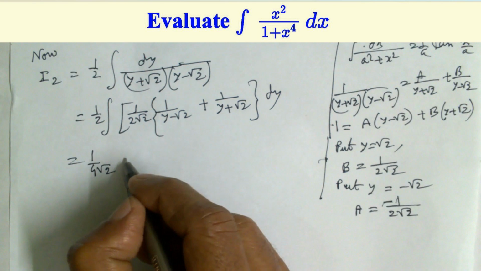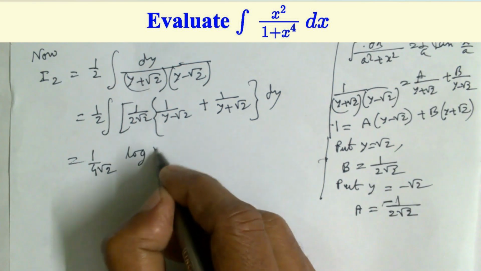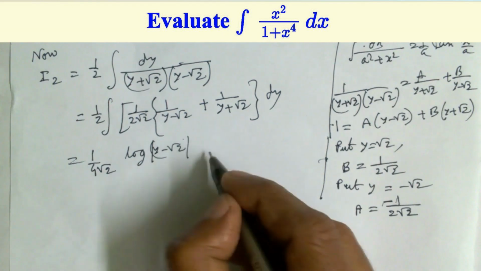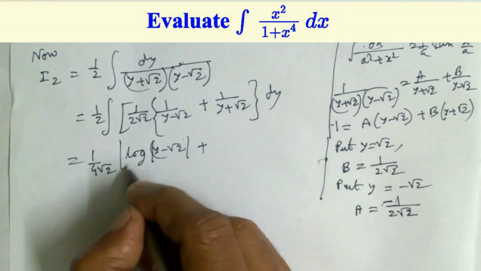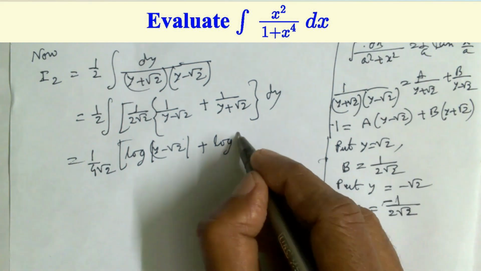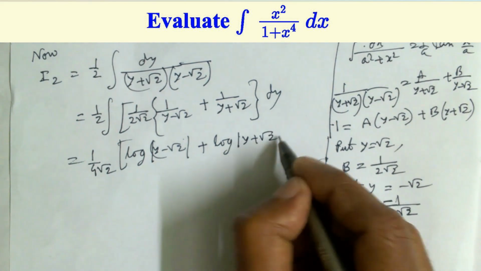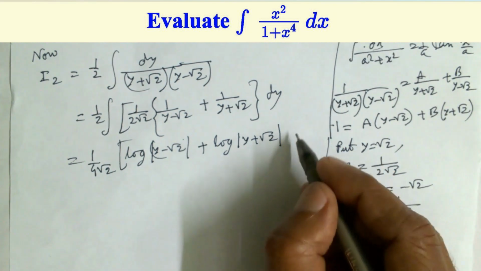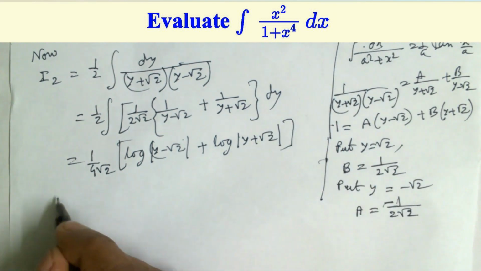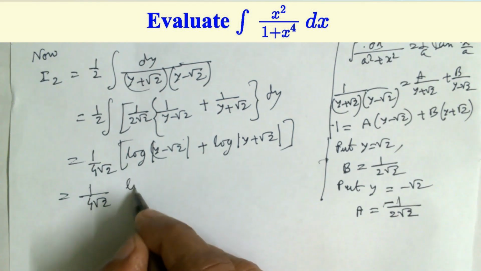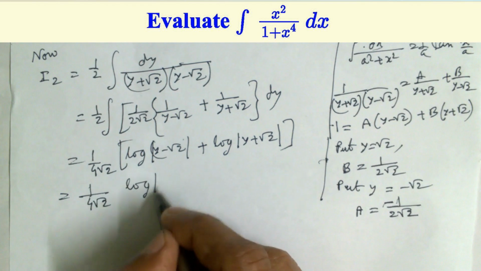This formula is log of y minus root 2, we should take mod, plus log of y plus root 2. That is equal to 1 by 4 root 2, using the logarithm formula.